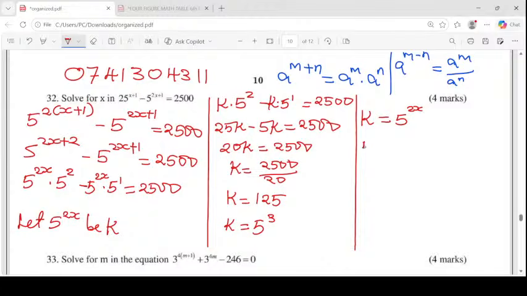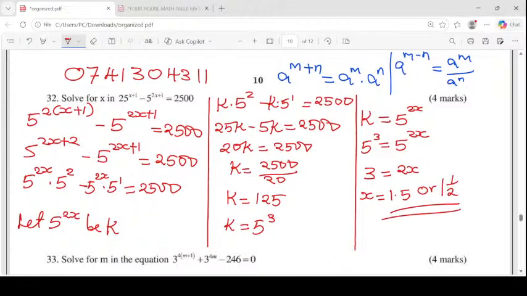So 5 cubed equals 5 power 2x. When you have the same bases, we drop the bases and proceed with the powers. So 3 is equal to 2x. Therefore x will be 1.5. That is how you write the value of x. A simple question.